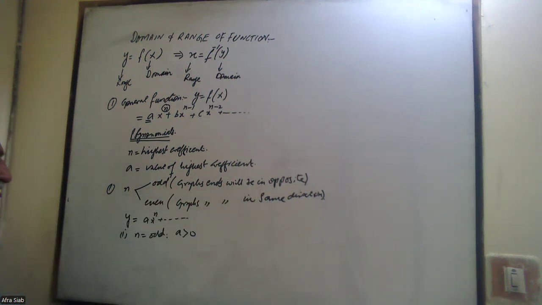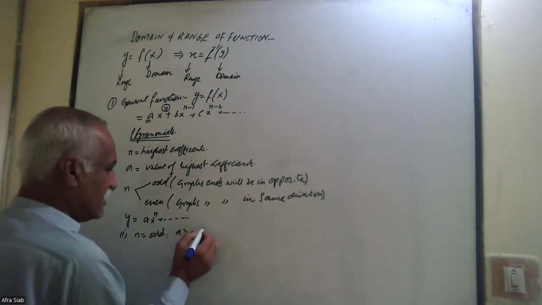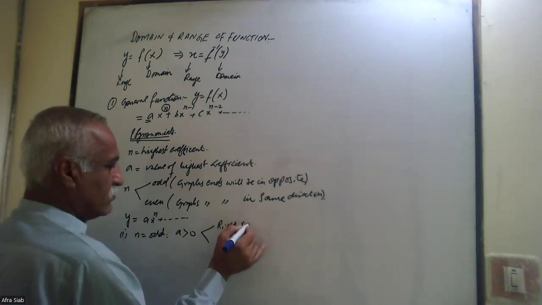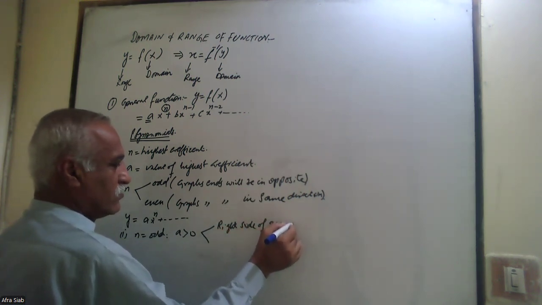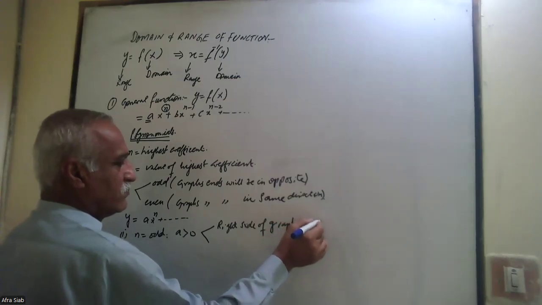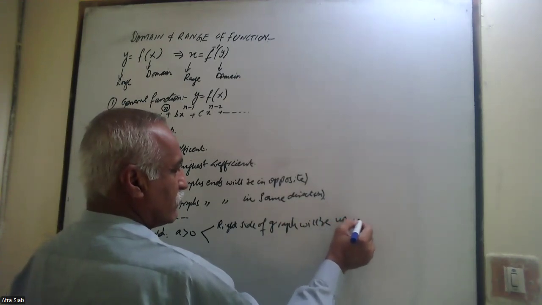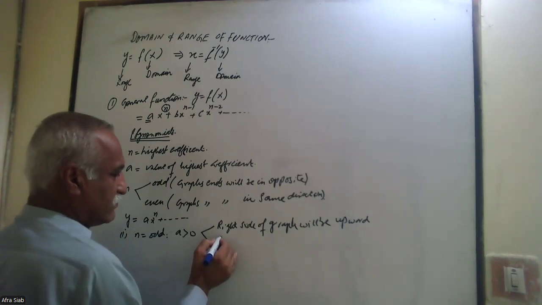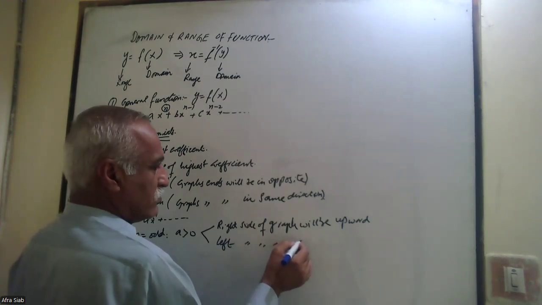Now it all depends upon the value of a. So if a is greater than 0, then the right side of the graph will be upward and the left side of that graph will be downward.